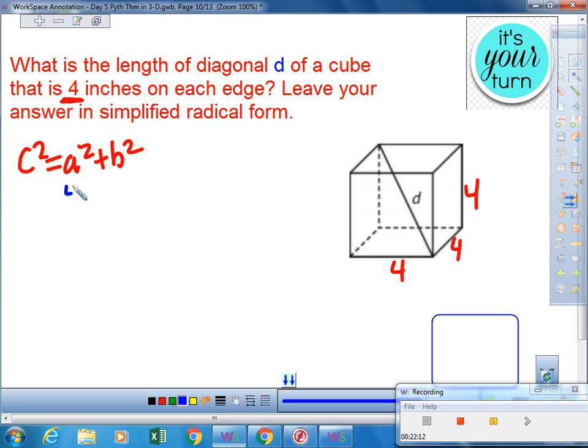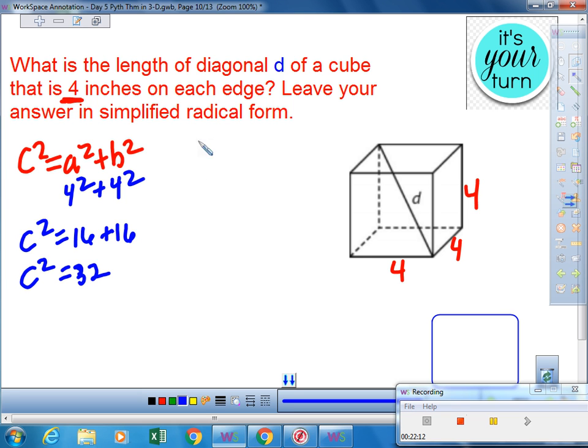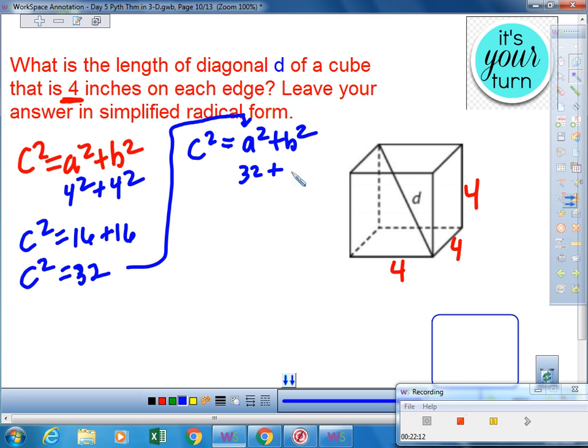So I have 4 squared plus 4 squared. C squared equals 16 plus 16. C squared equals 32. I'm going to take this, put it in for A squared, and add 4 squared. So C squared equals 32 plus 16.